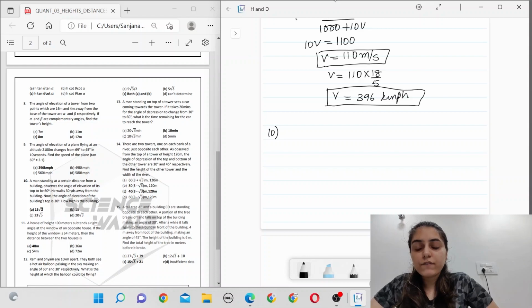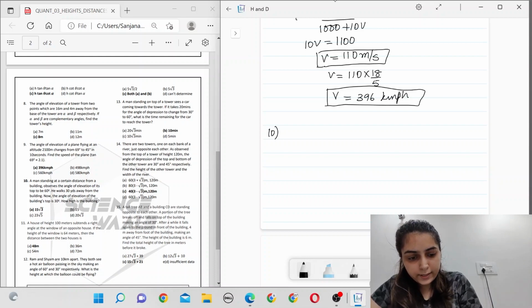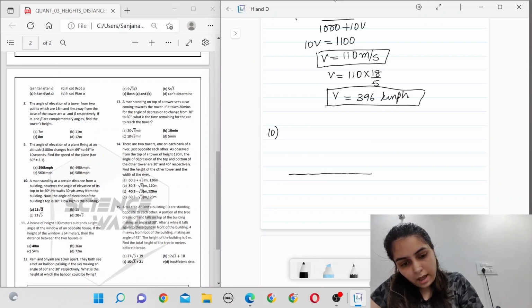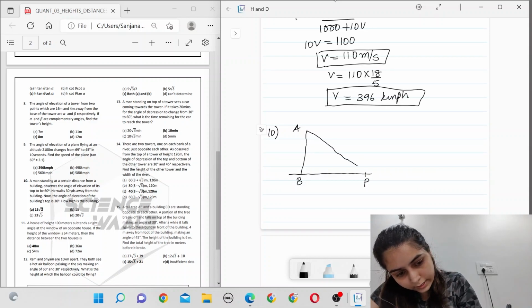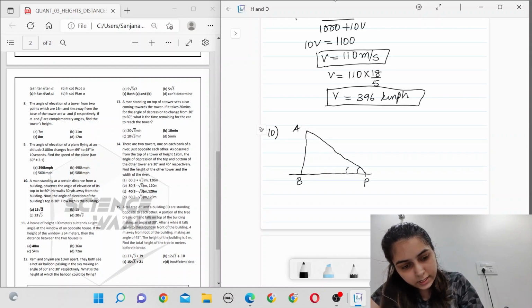So here they have given us that there is a building and there is a man standing, let the building be AB, and there is a man standing at some distance from the building, and the angle of elevation of the top of the building is found to be 60 degrees.